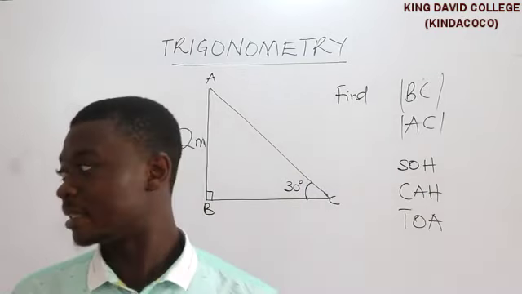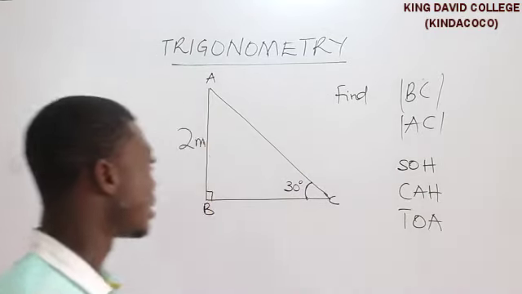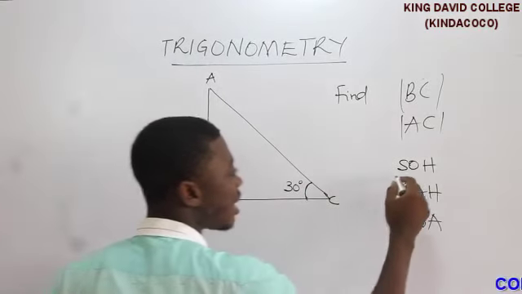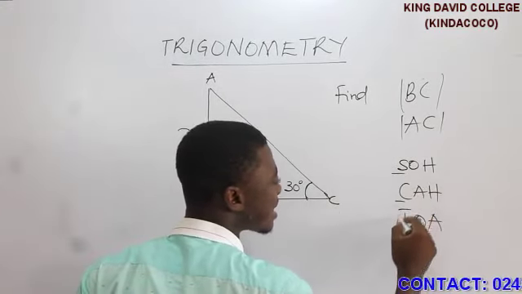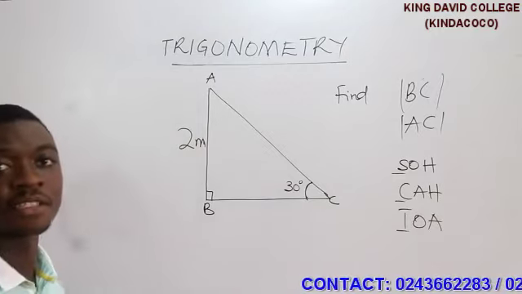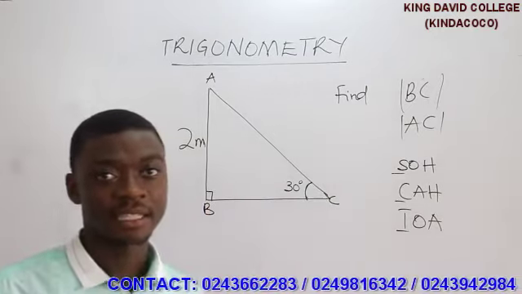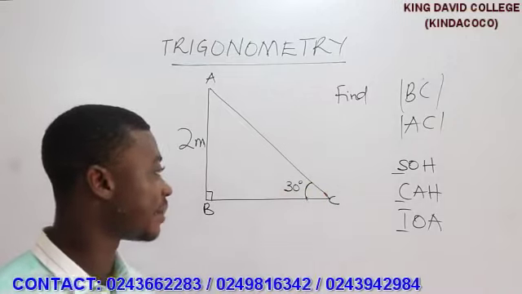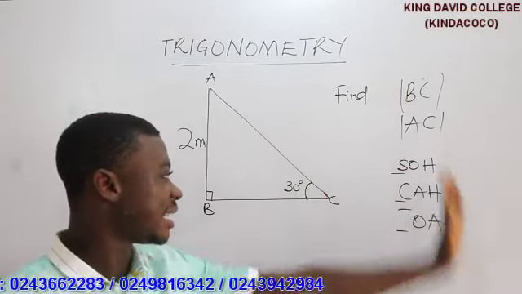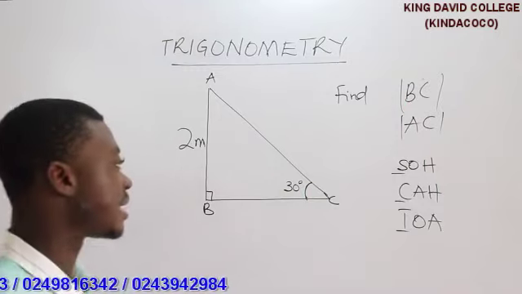What does this mean? The very first letters stand for the three trigonometry identities: the sine, cosine, and the tangent. Then the middle ones and the last ones, what do they represent?